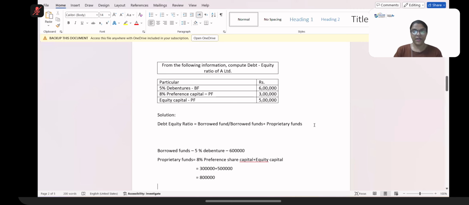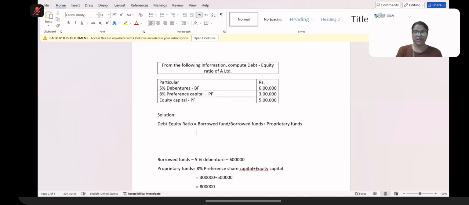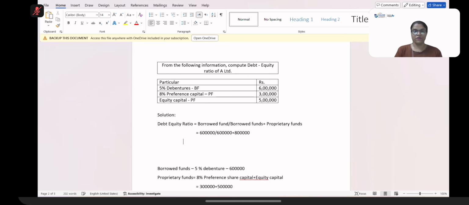अब हमें अमाउंट्स मिल गए. अब हम सब्स्टिट्यूट करते हैं फॉर्मूला में. बोरोड फंड्स हमारा है 6 लाख डिवाइड बाय अगेन 6 लाख plus 8 lakh. So we have 6 lakh divided by 14 lakh.